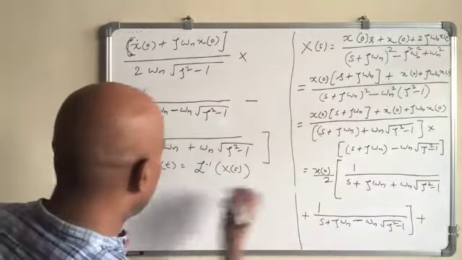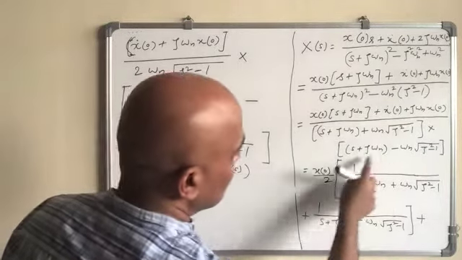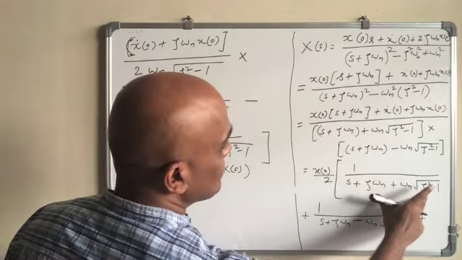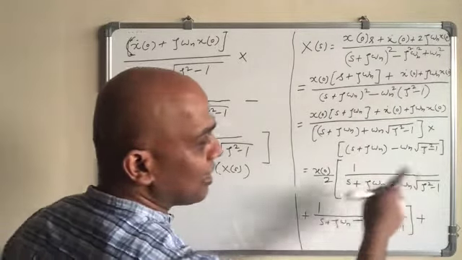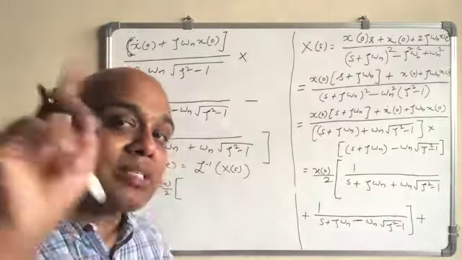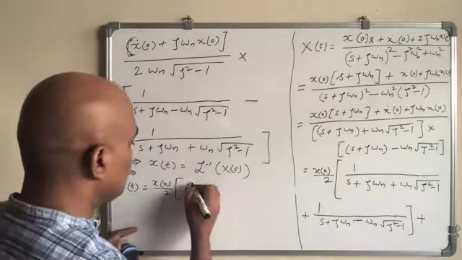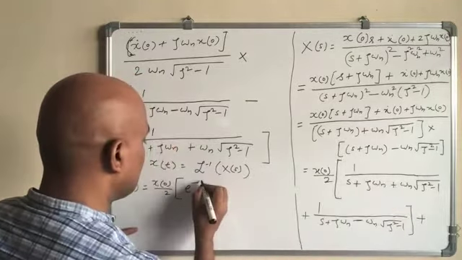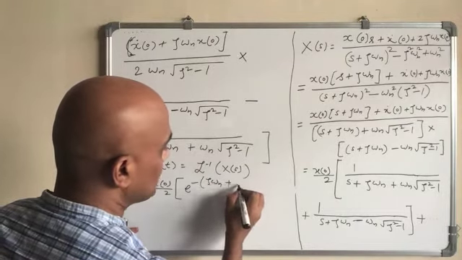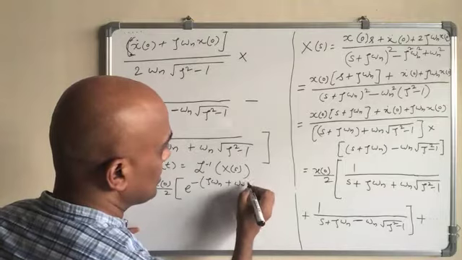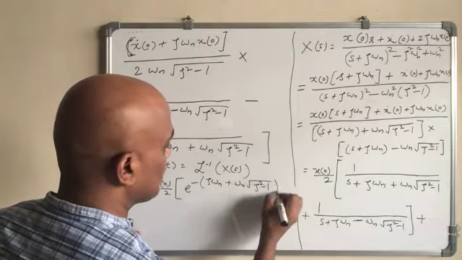So x(t) will be x0 divided by 2, okay, inverse transform of this s plus some constant here, 1 over s plus alpha, inverse transform of that is e to the power minus alpha t. So we get here e to the power minus zeta omega n plus omega n root zeta square minus 1 times t.